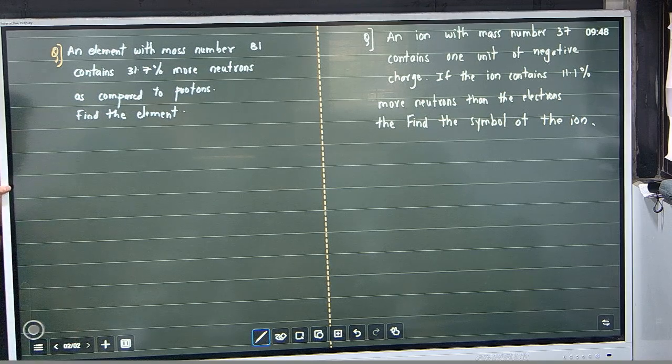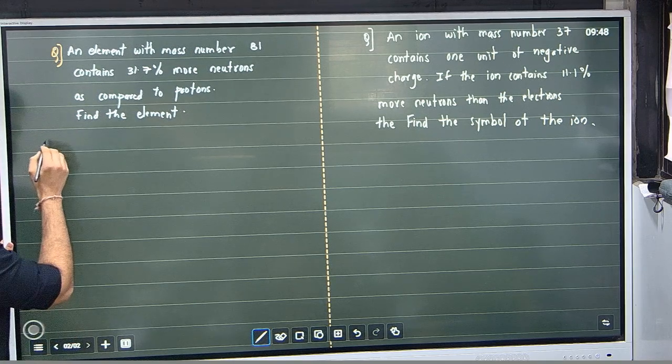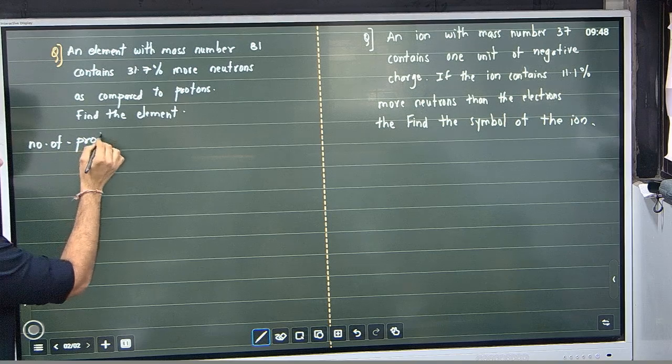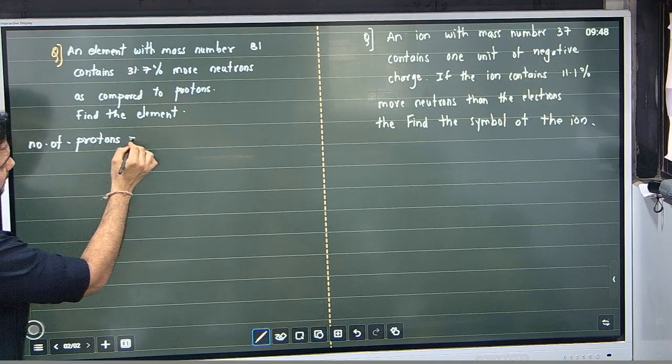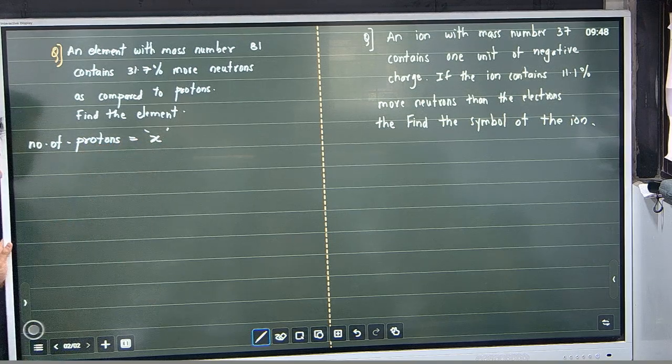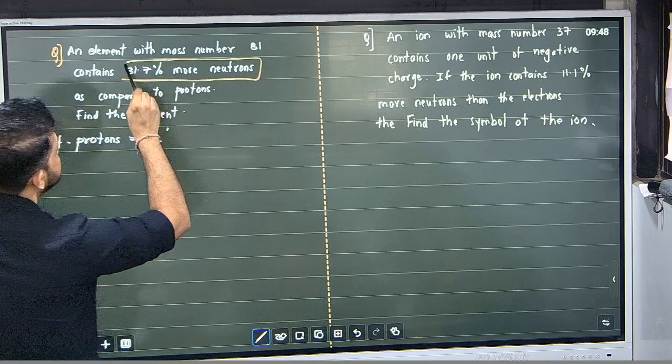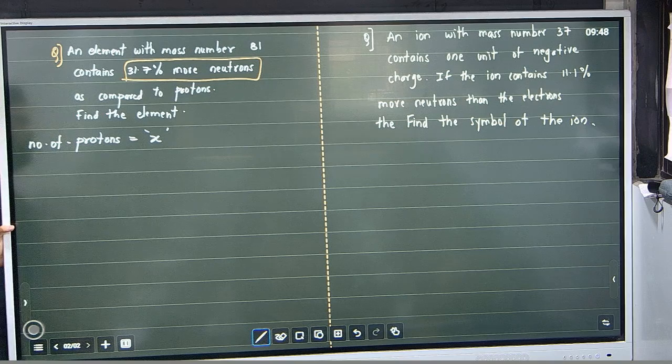So what we do here is we start with, let's say the number of protons be x. So the number of protons are x. How many neutrons are there? What have they said? 31.7% more neutrons when compared to protons.